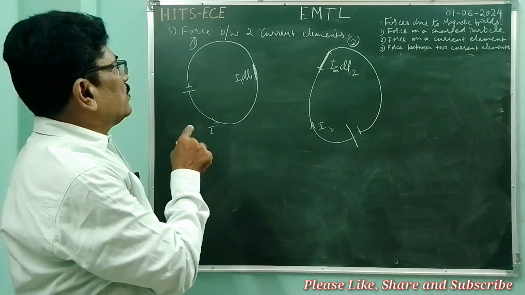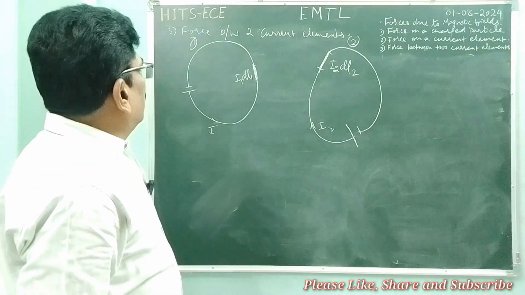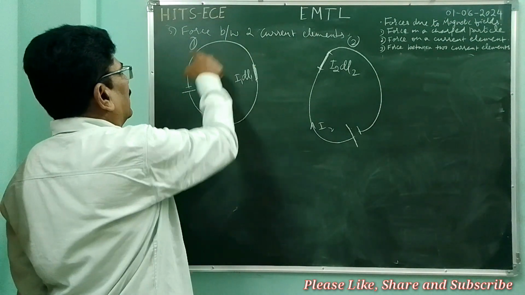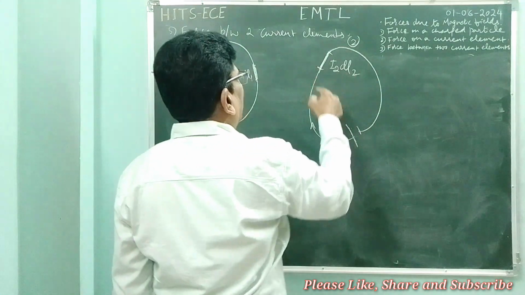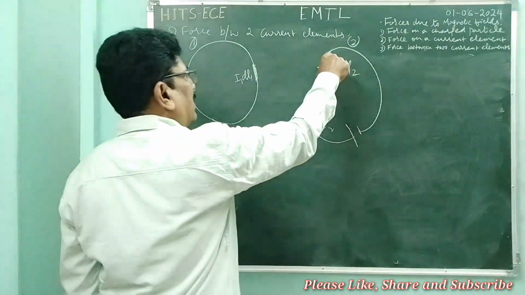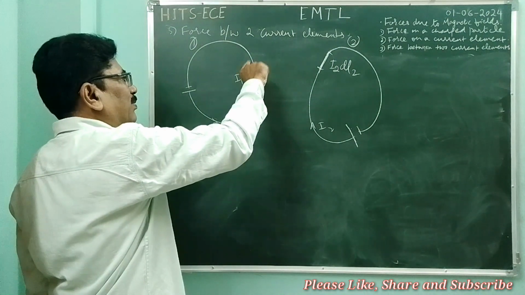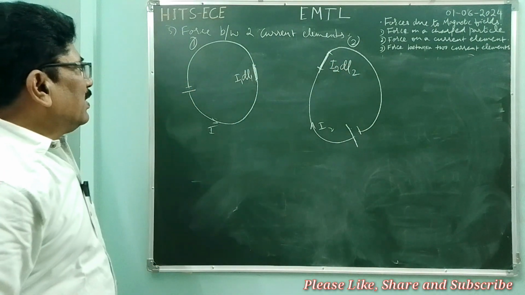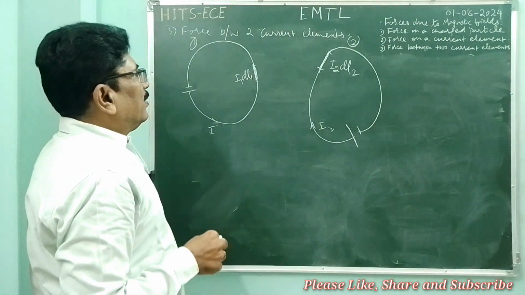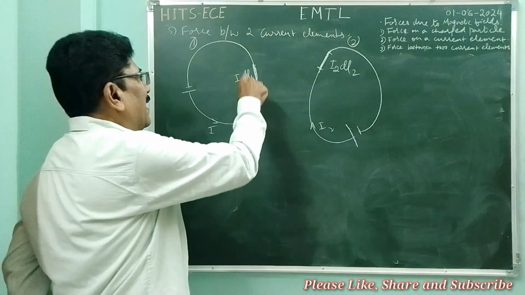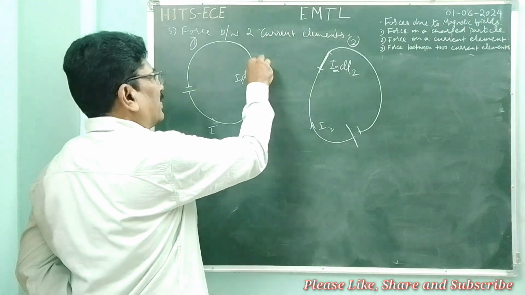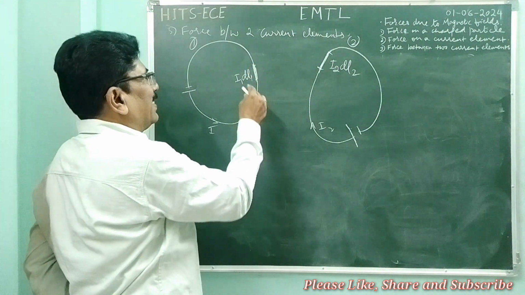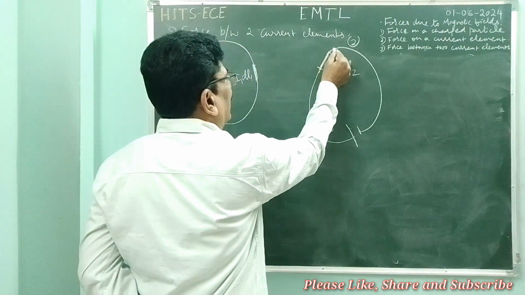Let us find out the force between two current elements. This is one loop current and this is another loop current. This is the current element I1 dl1, and here I2 dl2. By Biot-Savart law, this I1 dl1 will produce a magnetic field at this point.